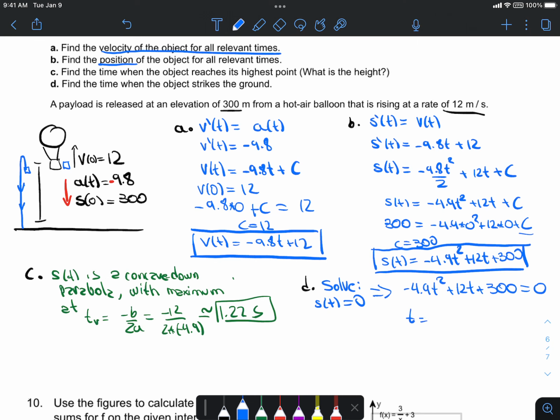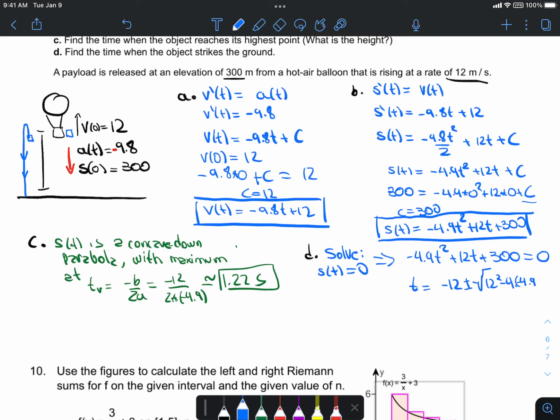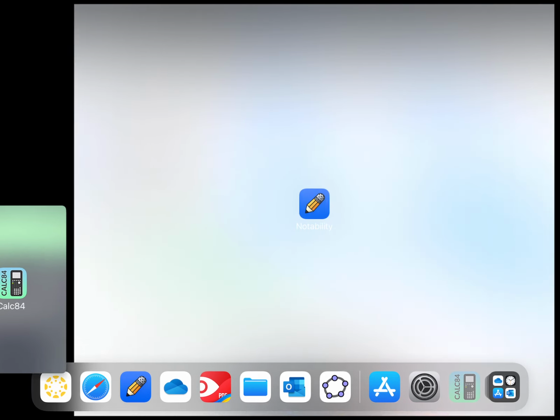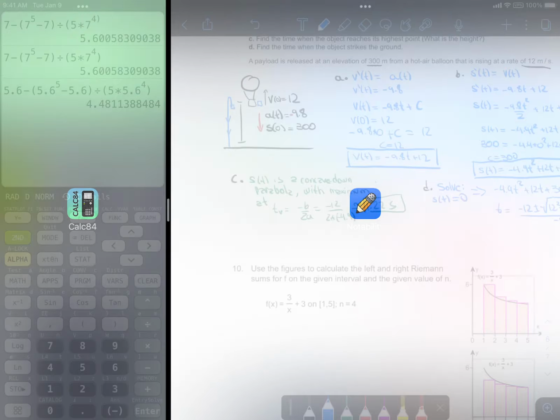So t equals minus b plus or minus the square root of b squared minus 4 times a times c, all that divided by 2a. So I'll do the thing in parentheses in my calculator, the discriminant of the equation. So I'll do 12 squared. I can show you that on the calculator as well, just to save time. Don't want to fiddle with this too much.